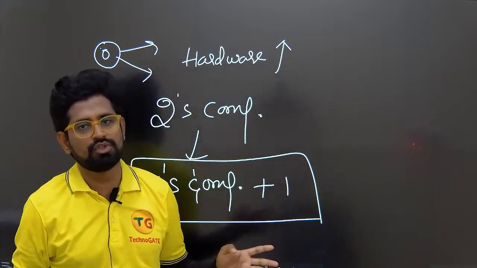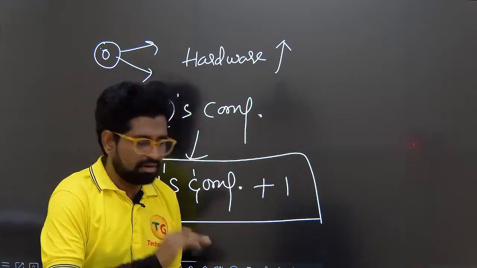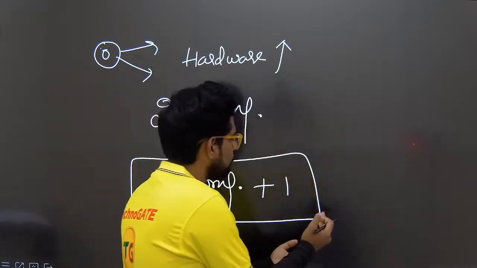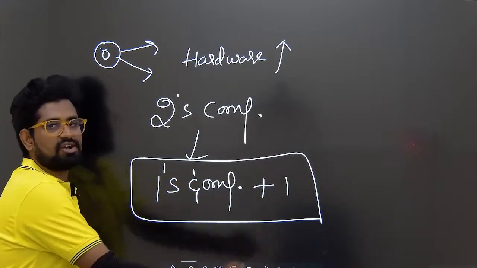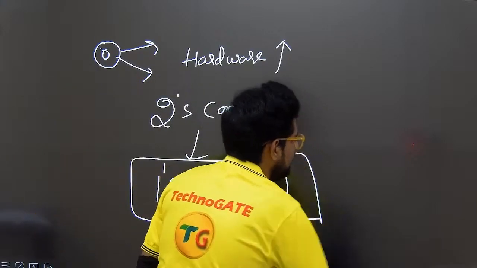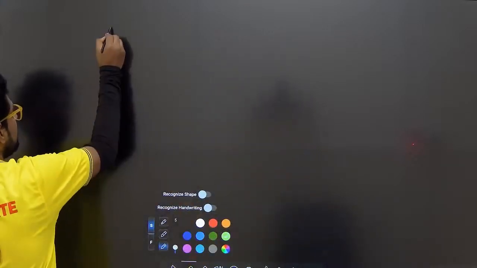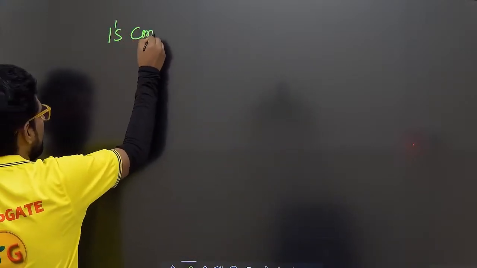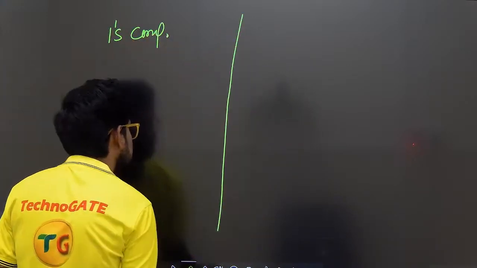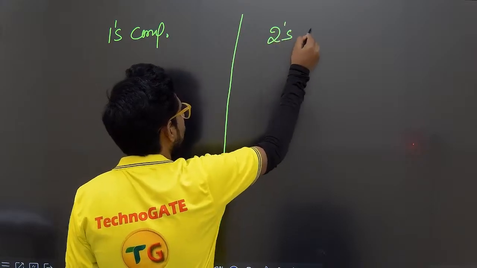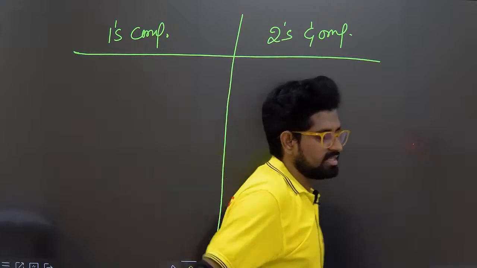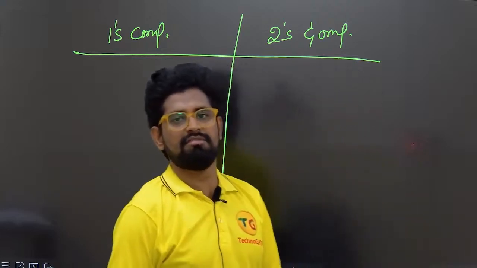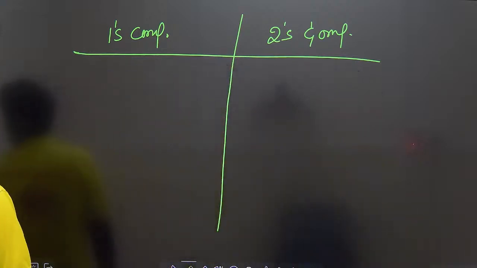That I am going to show you with one example. First let me discuss what is 1's complement and what is 2's complement, what are its rules. First let me clearly discuss this, then after that I will go with some examples.